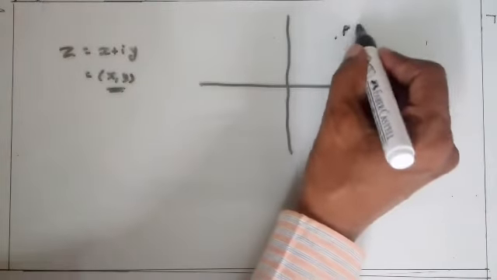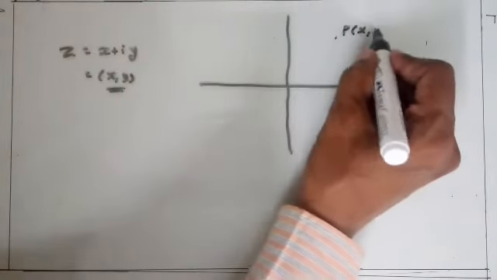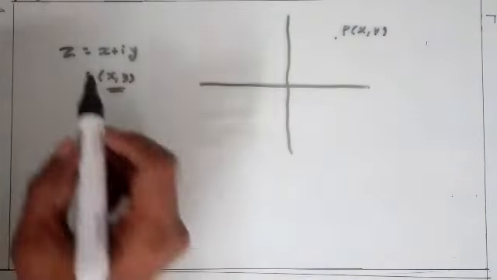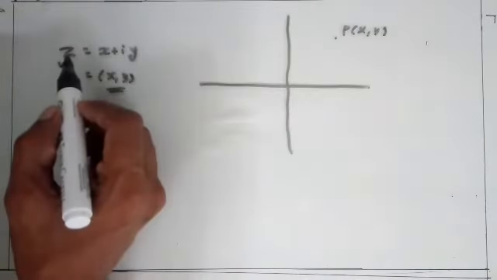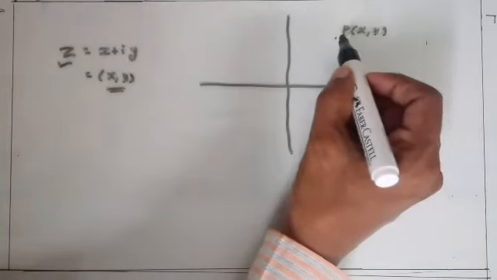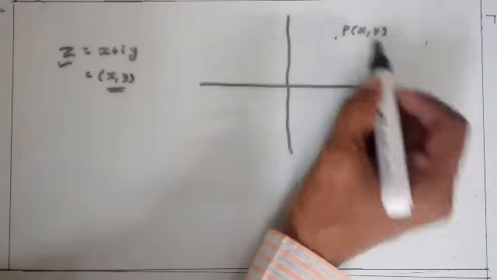Say P is a point corresponding to (x, y). So every complex number can be represented by a point P(x, y) in the plane.